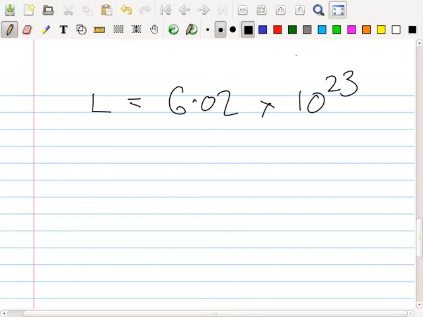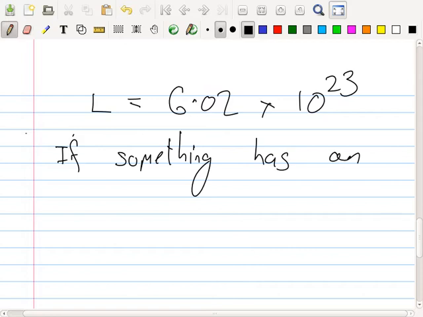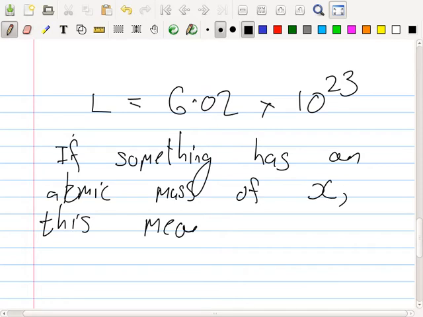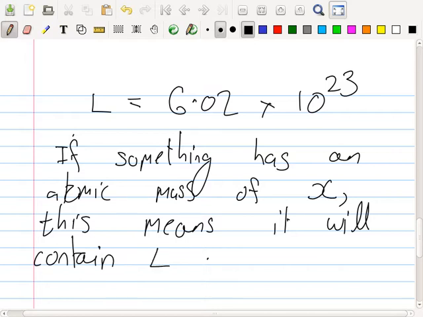Right, look. If something has an atomic mass of, let's say, X, this means it will contain L atoms in X grams.